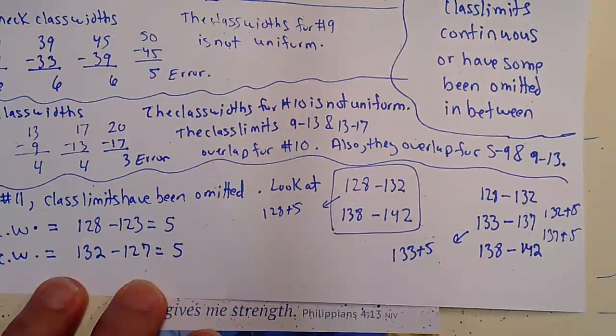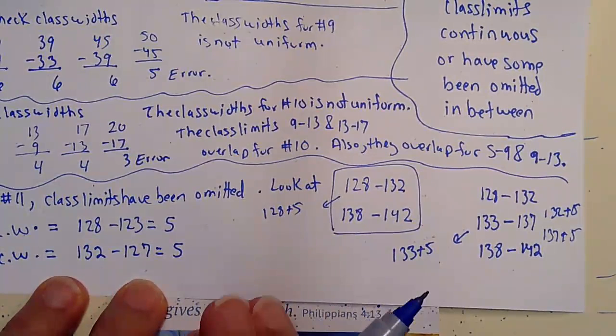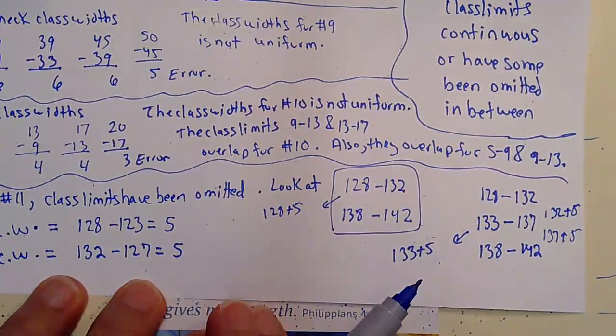Okay, and then you could also say that there's a gap. Yeah, and you'll have to see when you do your homework. Do they want you to mark all of them? State the reasons why they are wrong.